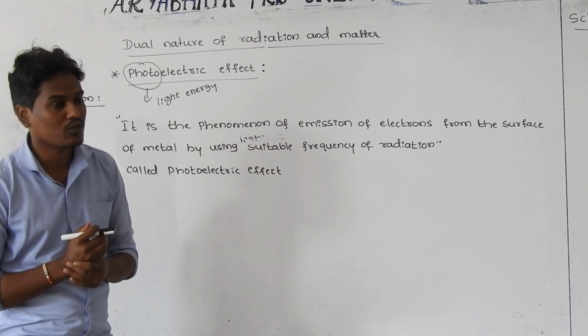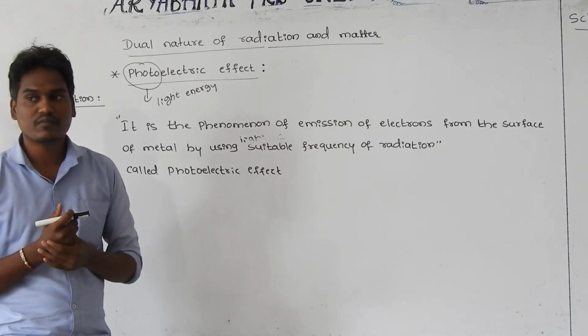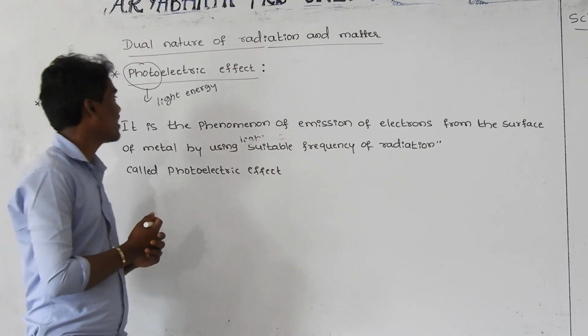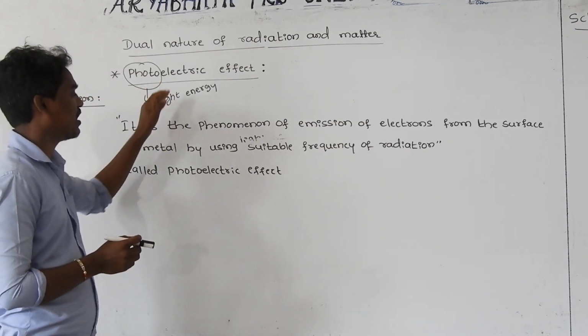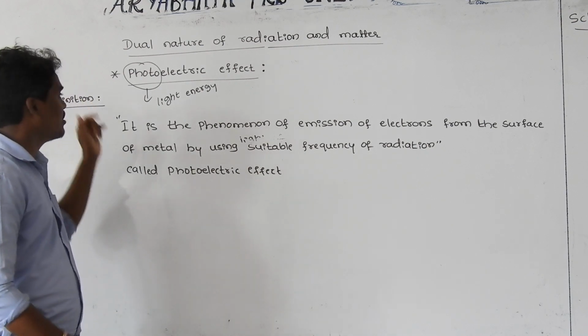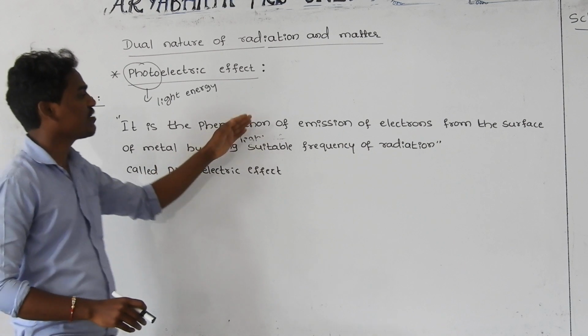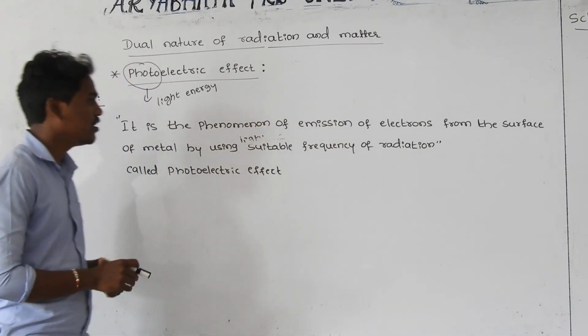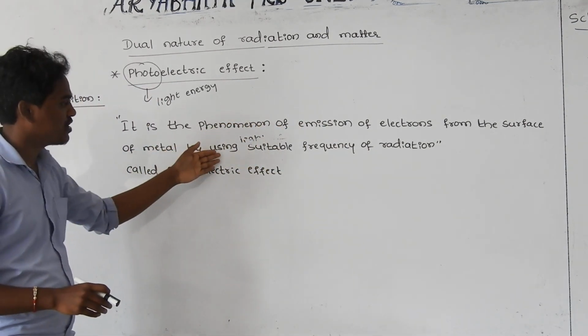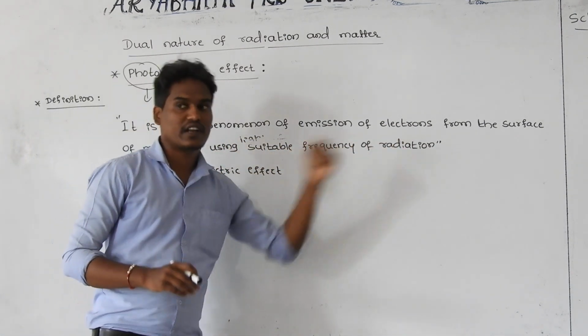To generate the current, we require external energy, which is photo energy, that is, light energy. That's why the definition of the photoelectric effect is the phenomenon of emission of electrons from the surface of the metal by using radiation of suitable frequency.